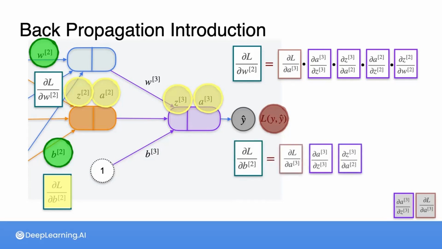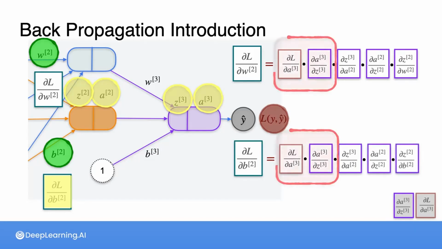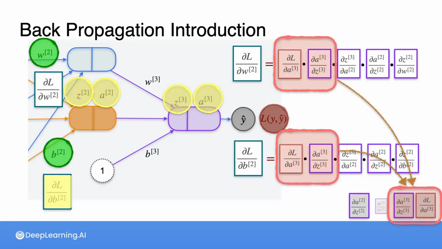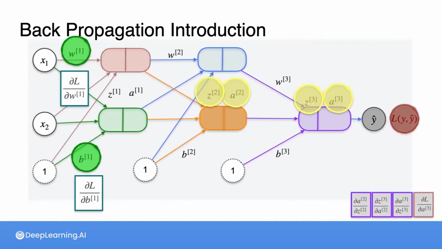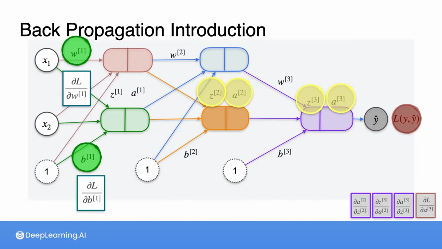It's just a chain of variables, and we need to multiply them in order to get the chain rule. Now these over here have already been calculated, so we don't need to calculate them anymore. So there's a lot of reuse of variables. So we can just store them over here and continue calculating new ones. Otherwise, we would have to recalculate many things. So it's good to store the ones we've already calculated.